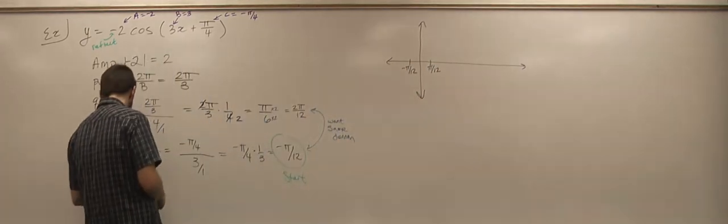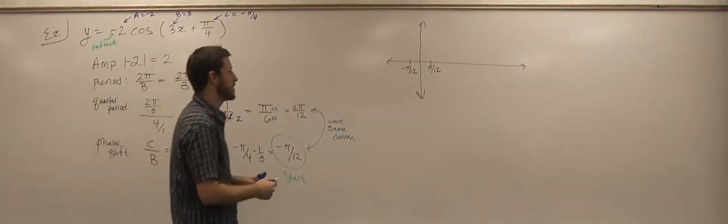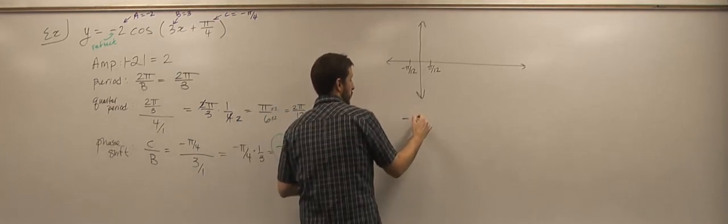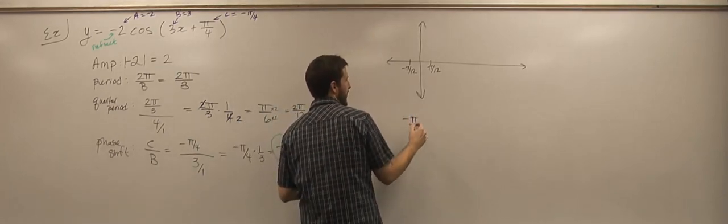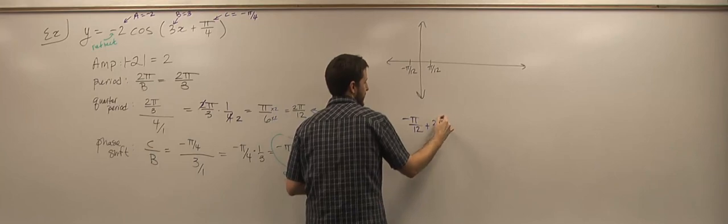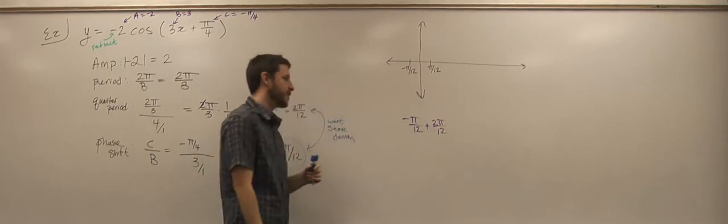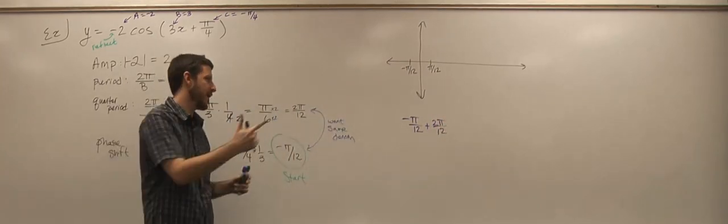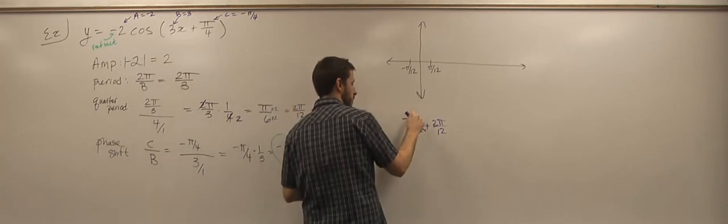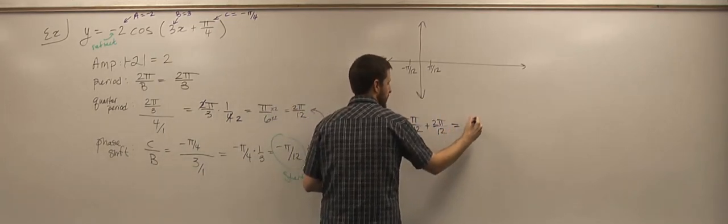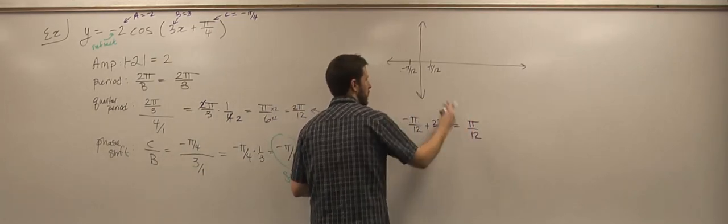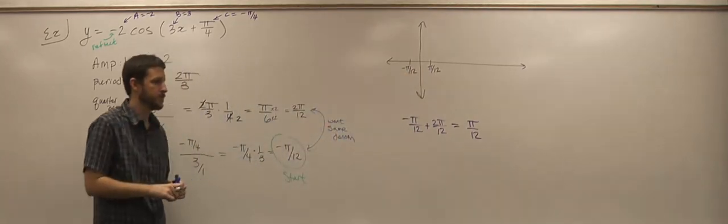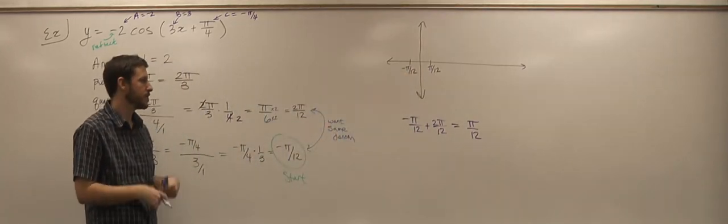So the calculation that we just did in our head is this. We said, okay, negative pi over 12 plus 2 pi over 12, add the numerators, negative 1 plus 2, positive 1 pi over 12. So this is coming from that. And then you do it again.